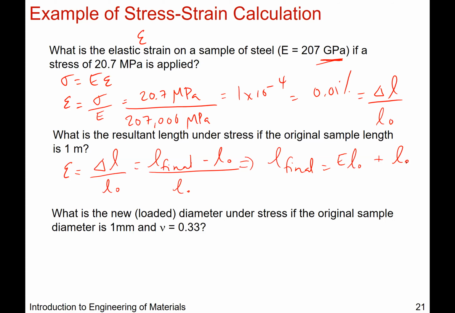And then if we're given a Poisson's ratio of 0.33, and we know that the diameter is 1 millimeter to begin with, so we know what our D naught is, we can use the relationship that Poisson's ratio is the strain in the lateral direction divided by the strain in the axial or longitudinal direction.